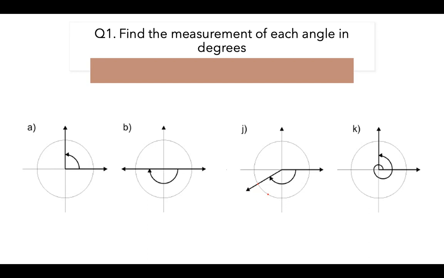Now let's try an example. I do want to point out some of the key important angles. From the initial arm, this is 0 degrees. This one is 90, perpendicular. This one will be 180 degrees. At this point, it's 180 plus 90, so it's 270 degrees.